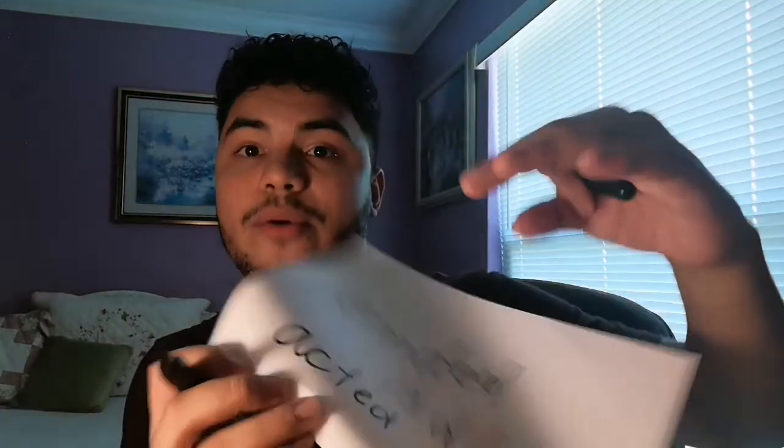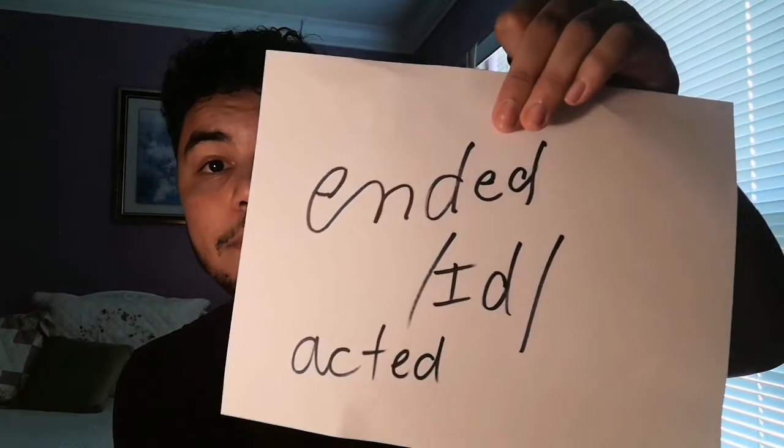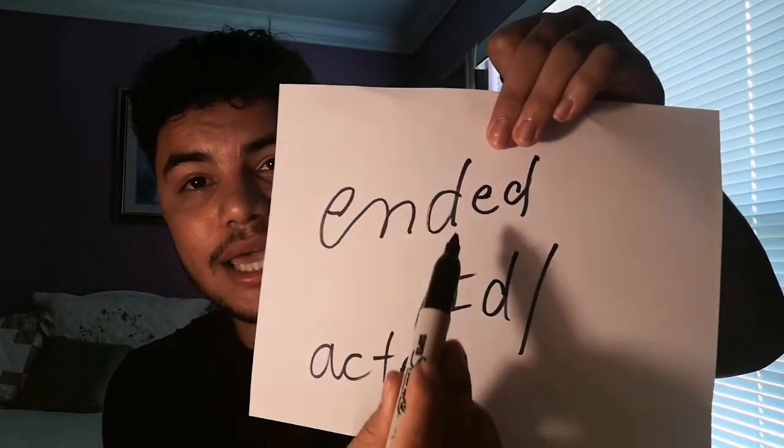Let me give you another word, like act, T, right? So acted. Now we use this sound, id, because we have T and D. So when we have T and D, we use ed. For example, interested. But in American English, we say interested.